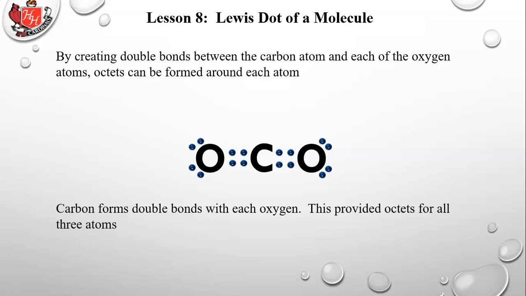It doesn't have a positive side and a negative side. Usually when you have a molecule that looks symmetrical, it looks balanced like this, it's going to be non-polar. When you have a molecule that looks lopsided, like a water molecule where the hydrogens are over on one side, then it's going to be polar. That's generally the case, just a simple rule of thumb.